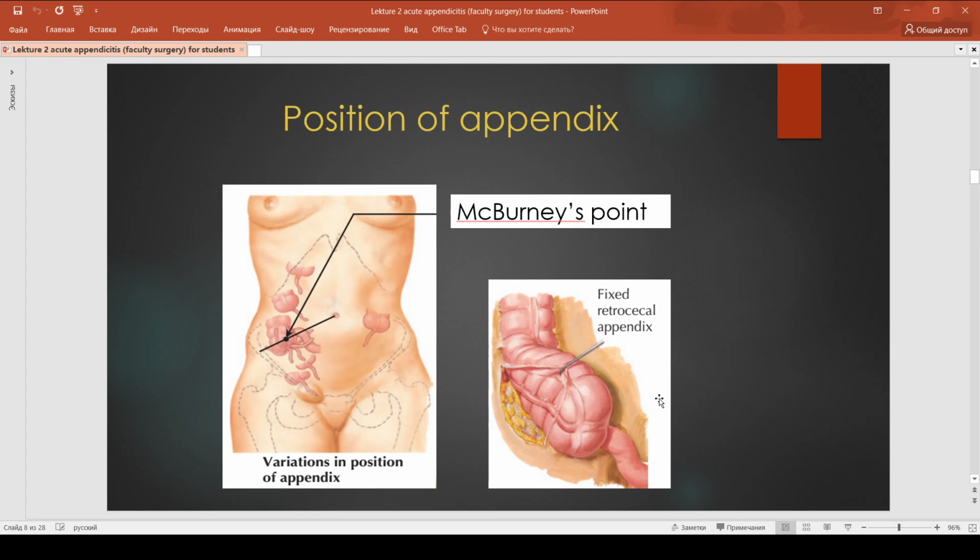Maybe it was a perforated diverticulum, but I remember one patient who went to the emergency hospital here in Kaliningrad and said he had a peptic ulcer which perforated maybe 30 years ago, and the surgeons told him that he had appendicitis from the left side.